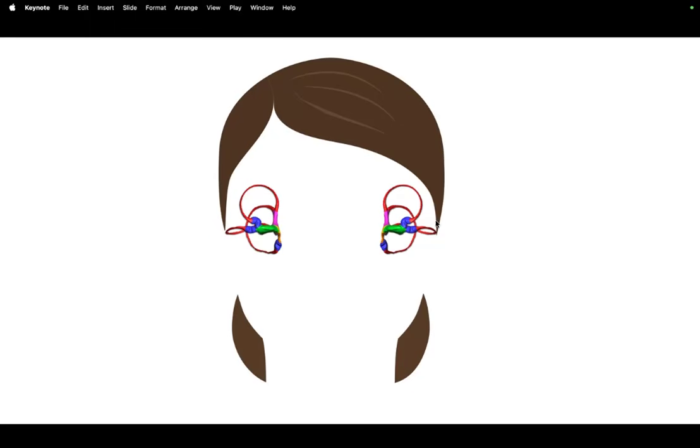This is the ampullary part of the anterior canal. This is the ampullary part of the lateral canal. This is the ampullary part of the posterior canal.